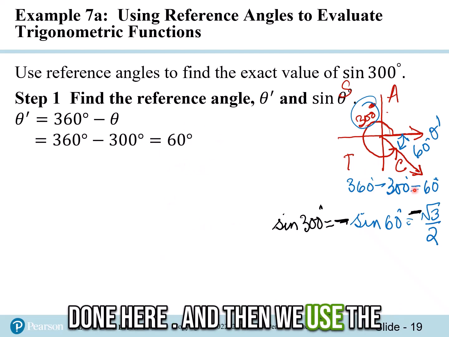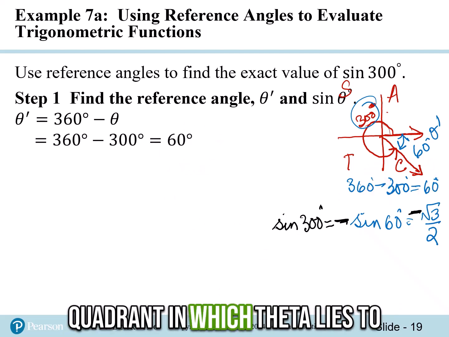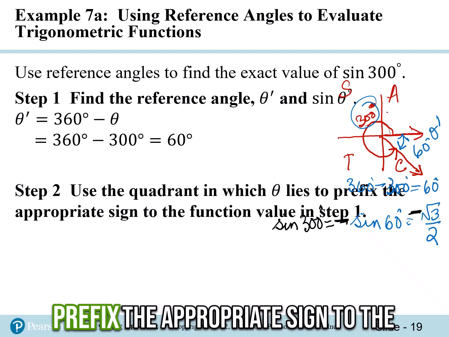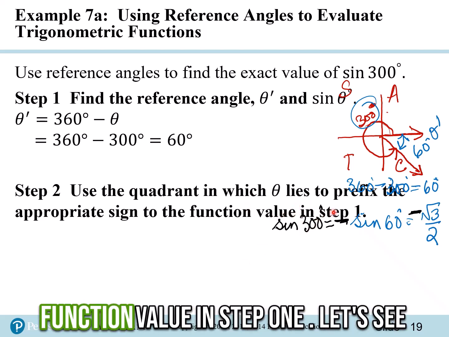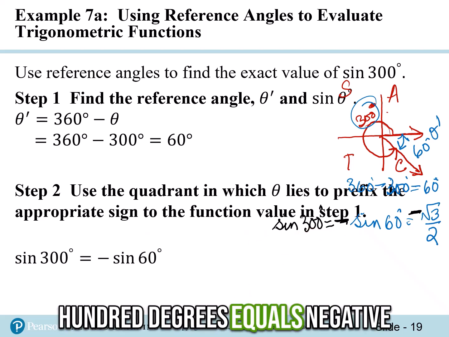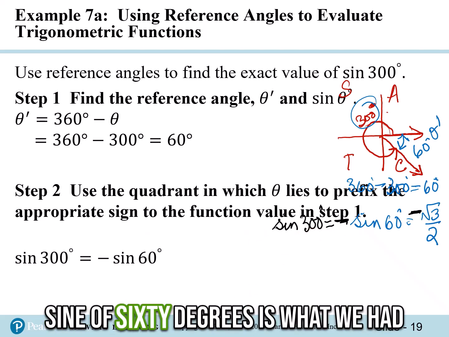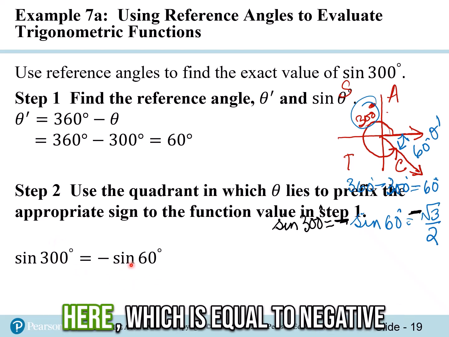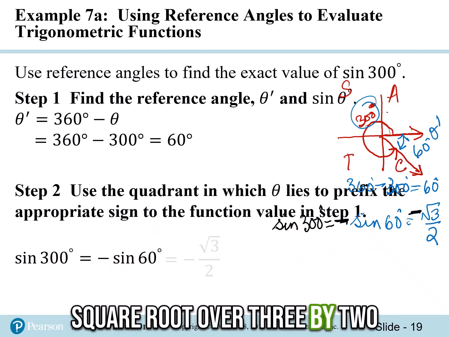And then we use the quadrant in which theta lies to prefix the appropriate sign to the function value in step 1. Let's see how they do that. Sine of 300 degrees equals negative sine of 60 degrees is what we had here, which is equal to negative square root over 3 by 2.